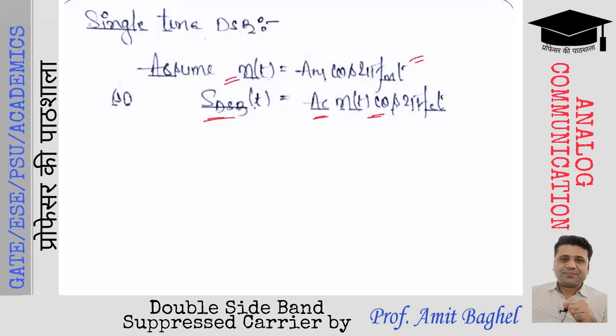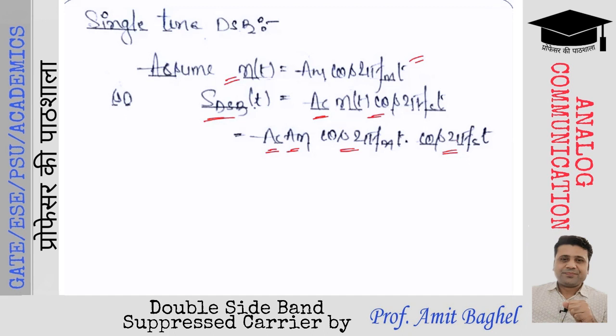In this expression, I am substituting the value of m(t). So s_DSB(t) will become Ac into Am cos 2π fm t cos 2π fc t.